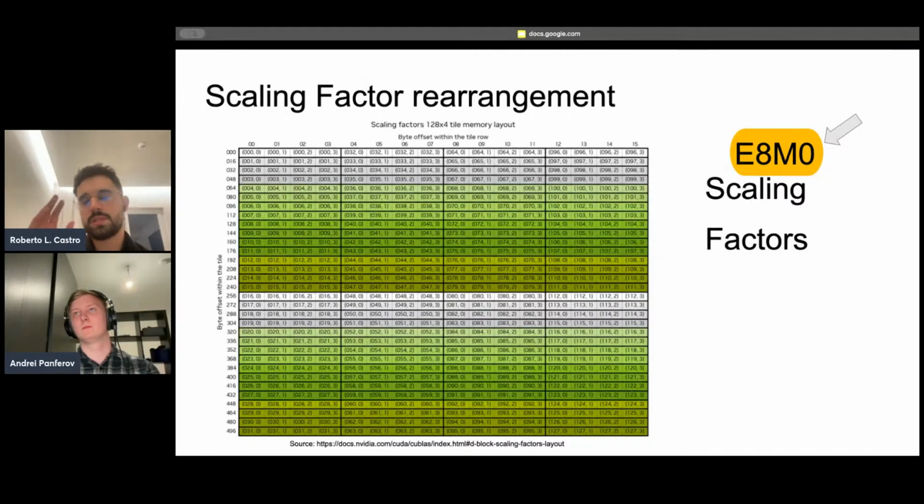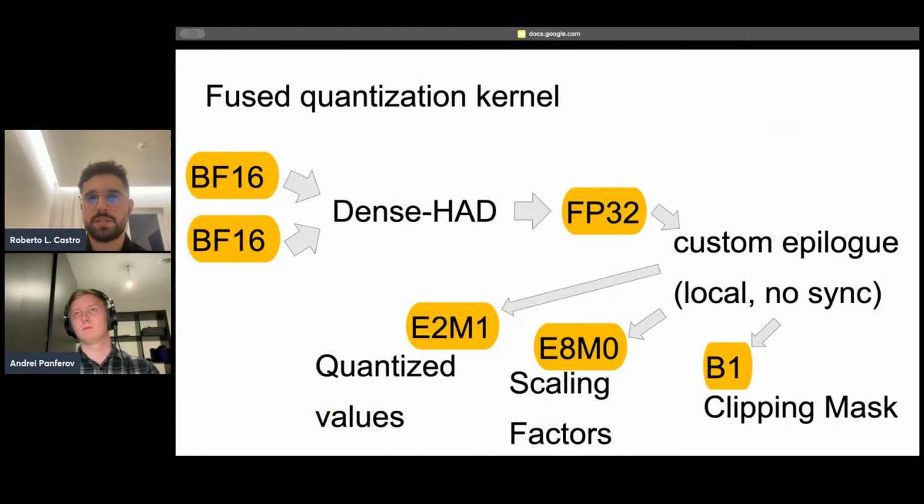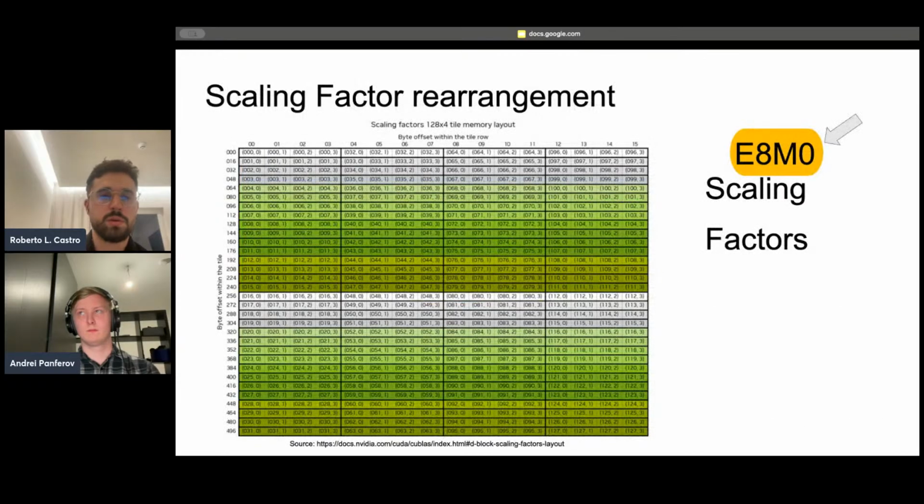Okay, so this previous slide just describes the fused quantization kernel that we have implemented. And right after this, before the matrix multiplication, we had to add an additional method, which is this scaling factor rearrangement. This is not related to Quartet or to our implementation.